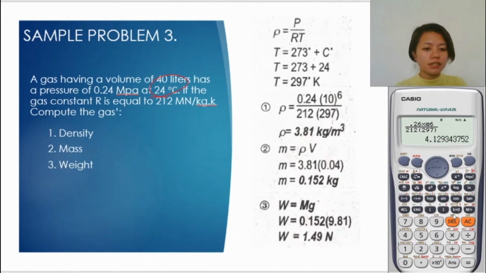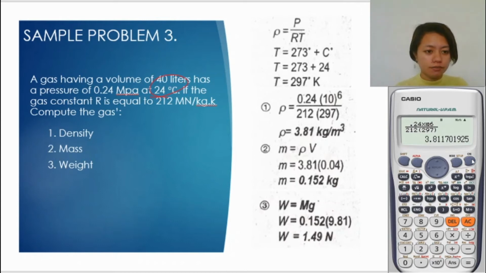So simply, our density for our gas is 3.81 kilograms per meter cubed.